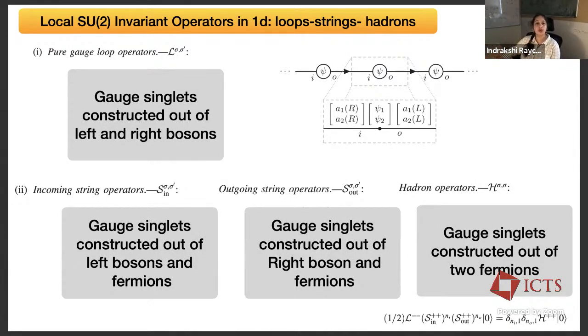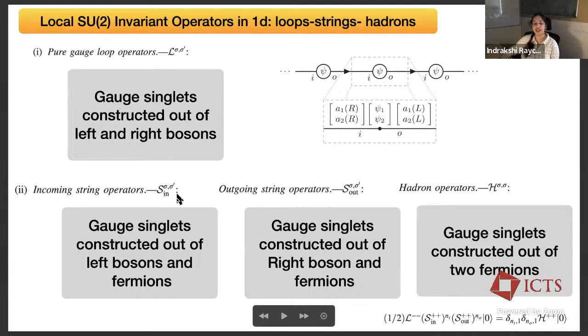So what you can do is form local SU(2) invariant objects out of these ingredients. You can form some objects that are purely bosonic, created out of these bosons and these bosons. We call these local loop operators, as they are purely bosonic. You can construct something combining bosons and fermions.